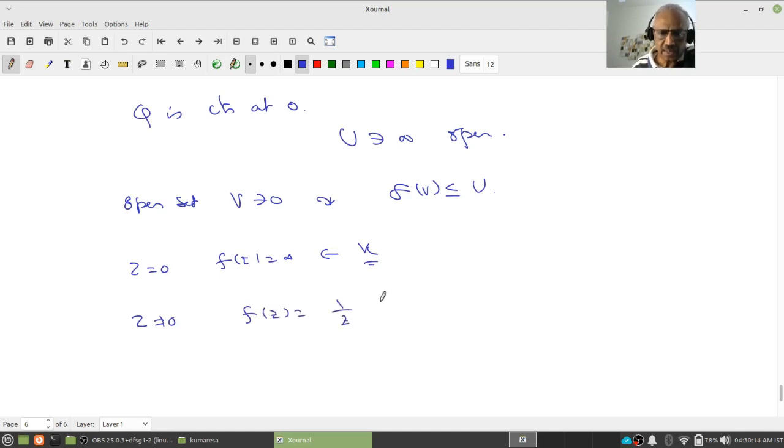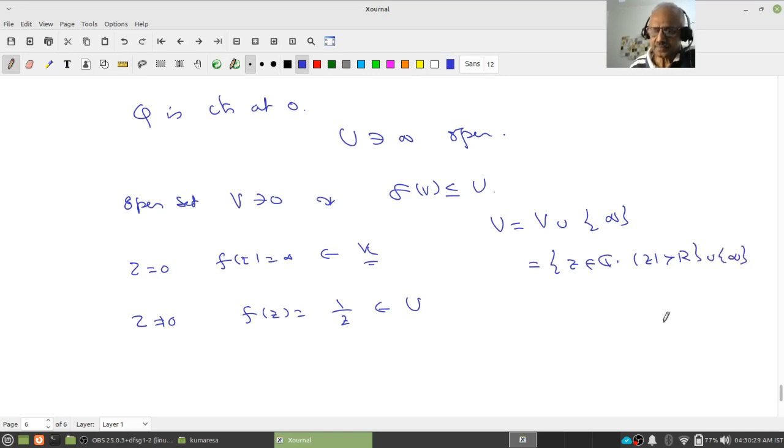1 by z. I want it to lie in U, but remember any neighborhood of infinity is of the form V union infinity, where this V is actually the set of all z in C so that mod z is greater than some R, union singleton infinity, right?